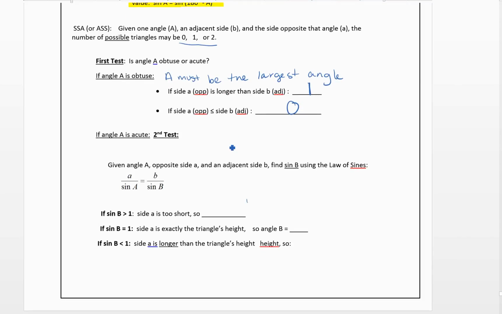Okay. Now we're going to look at the case if the angle you're given is acute. Then you're going to fill in the law of sines here.